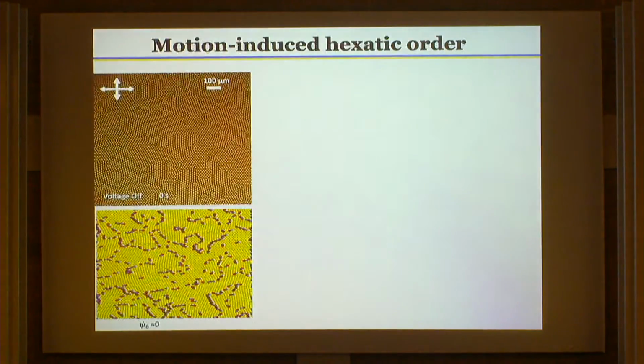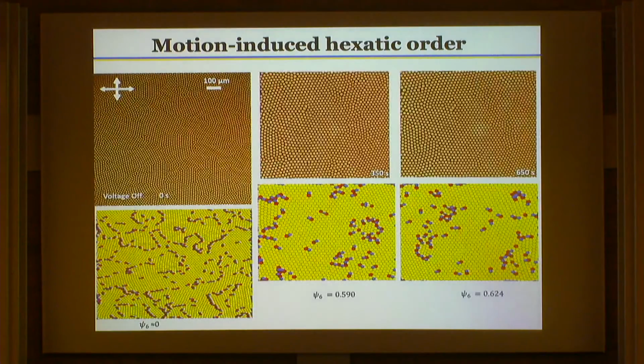What's interesting is that when the skyrmions don't move, they're just created initially with this very large number density, then the hexatic order parameter is 0, which means that the different crystallites separated by grain boundaries are uncorrelated in their orientations with each other.